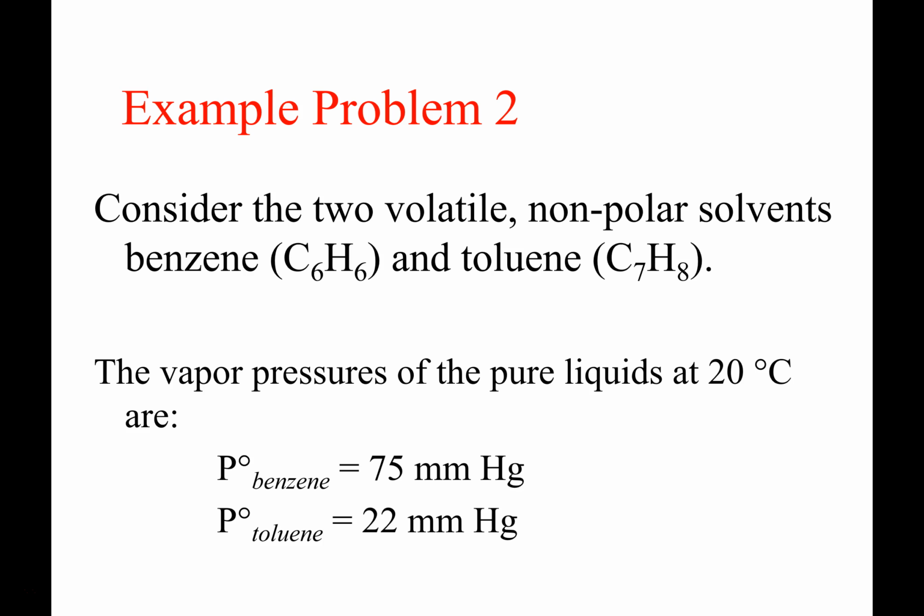Then benzene keeps going a little bit. Yeah. What I tried to describe is I had two beakers, separated, one for toluene and one for benzene. And you just let them go at 20 degrees Celsius. Once they're done equilibrating, your toluene is going to be 22 and your benzene is going to be 75. So the benzene is more volatile.